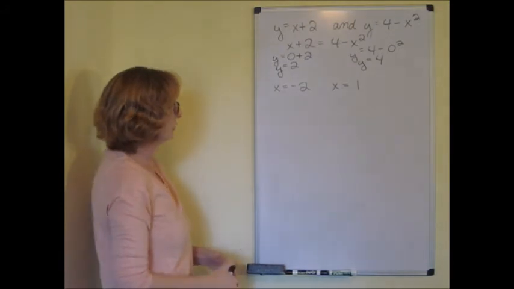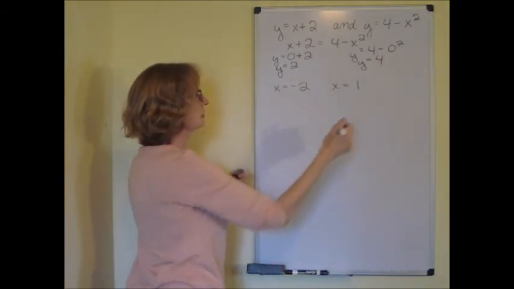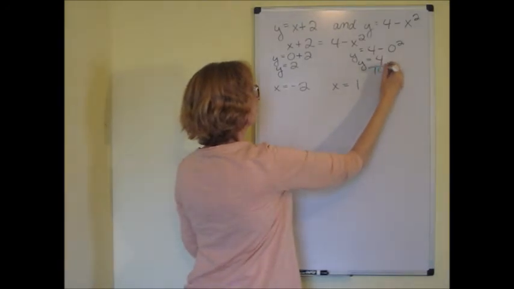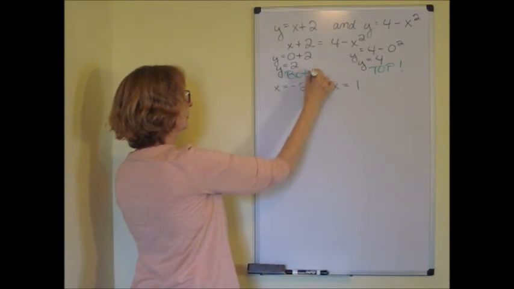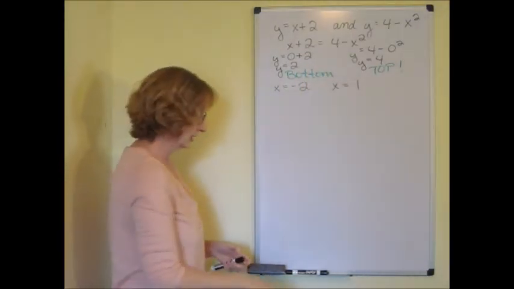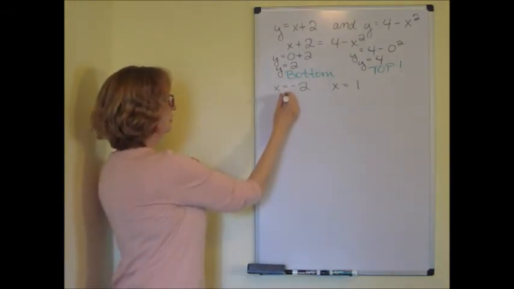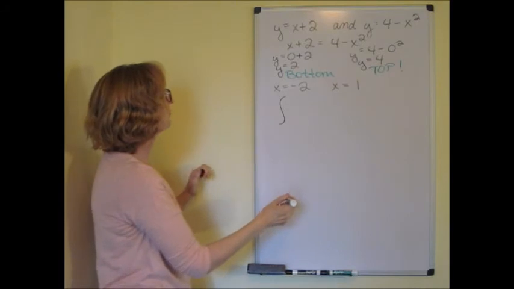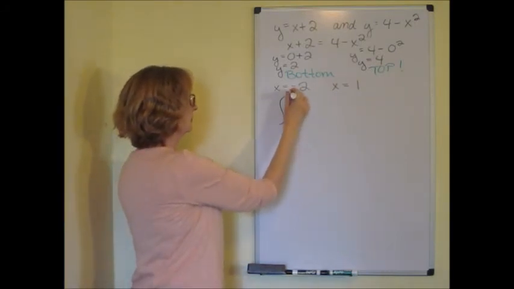So when I take a look, I can see 4 is the bigger one. So this one is the top, and this one will be the bottom in that interval. And we're ready to put it together. We take the integral from negative 2 to 1.